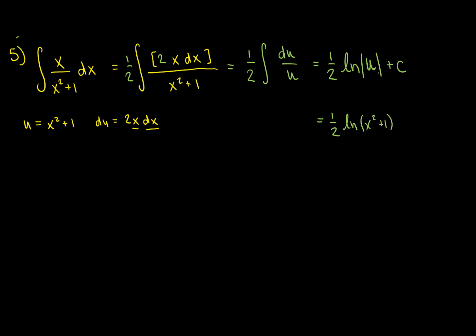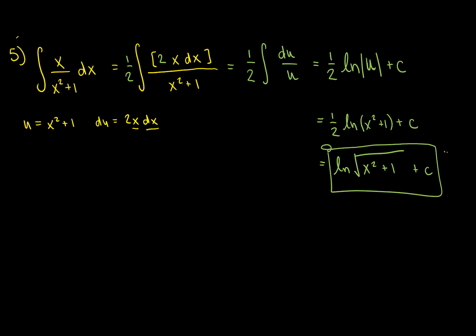Now, x squared plus 1 is always positive, so I don't need to worry about putting it inside the absolute values. And absolute values for the natural log is just because, remember, the inside of the natural log can't ever be negative. It's a big time no-no. So you're going to take the natural log, and let's apply that 1/2 power. That would be the square root. And that's going to be your integral.